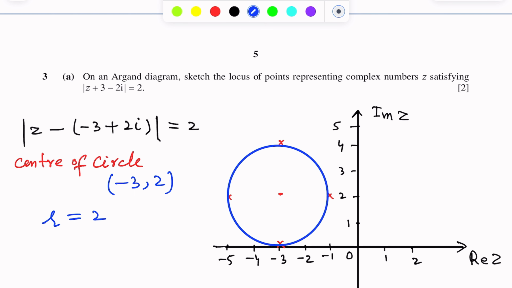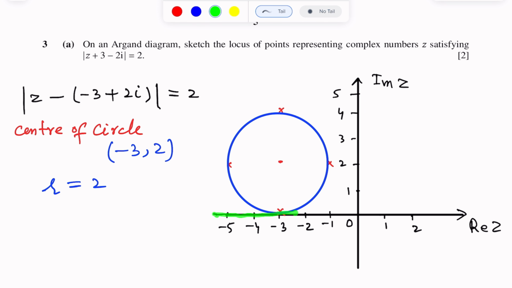Now we will sketch this circle on the diagram. On an Argand diagram we will sketch this circle with center minus 3, 2 and radius 2. Look at this figure, x-axis, y-axis. But in this chapter, the x-axis is the real axis, real z, and the y-axis is the imaginary axis, so we write here imaginary z.